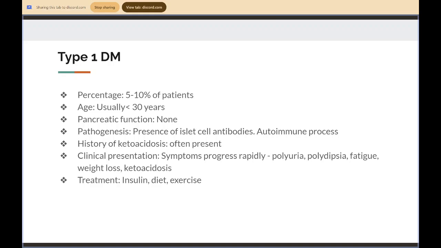There is often a history of ketoacidosis, aka DKA. And clinical presentation, the symptoms will progress rapidly. Polyuria, polydipsia, fatigue, weight loss, and ketoacidosis. Treatment here is going to be insulin, diet, and exercise, with insulin being the mainstay.